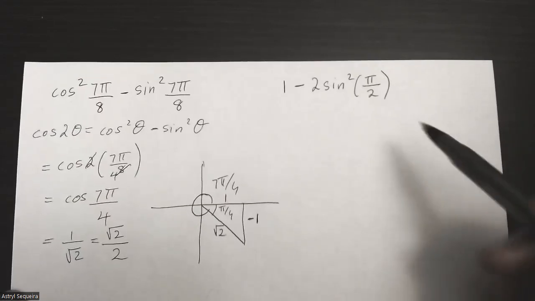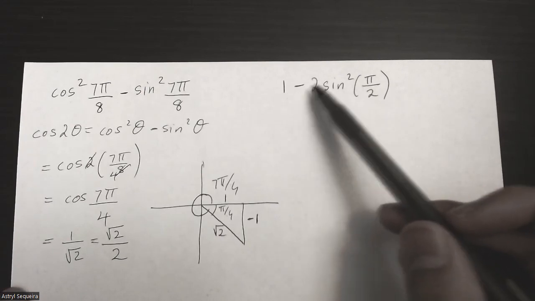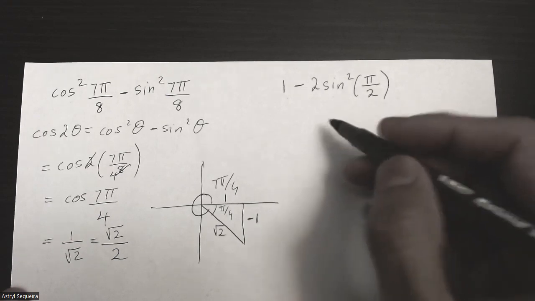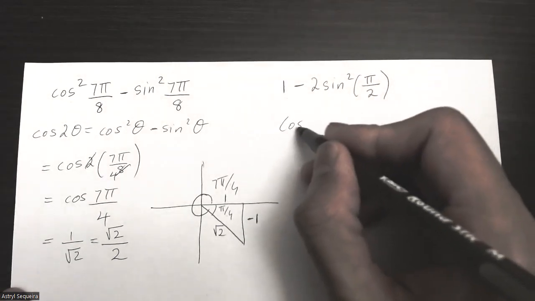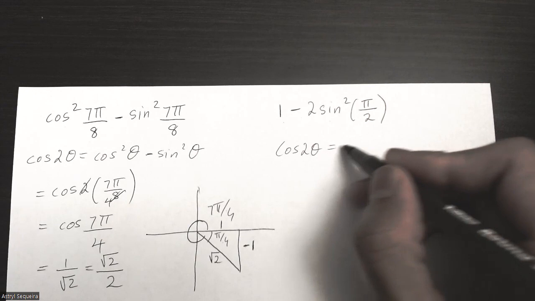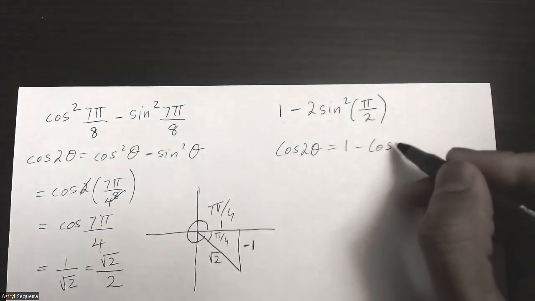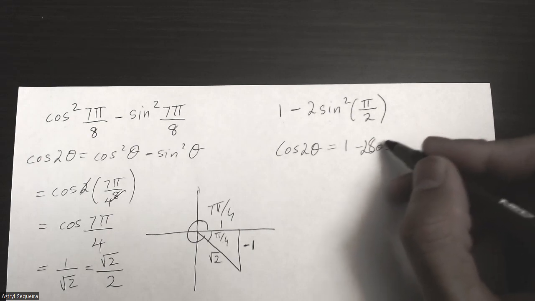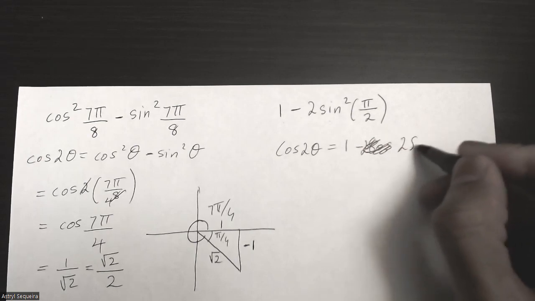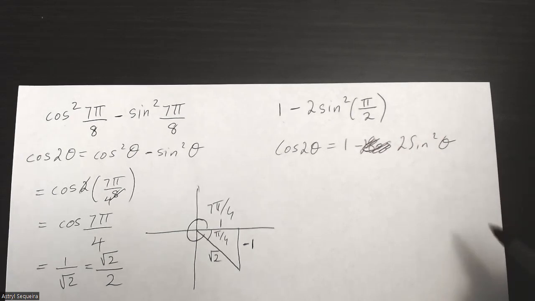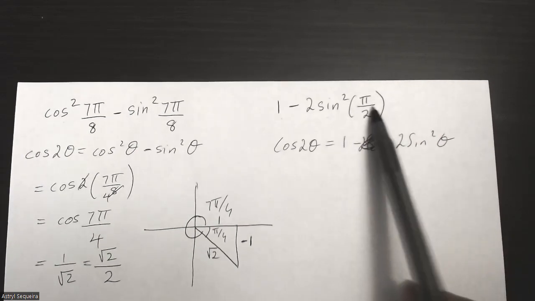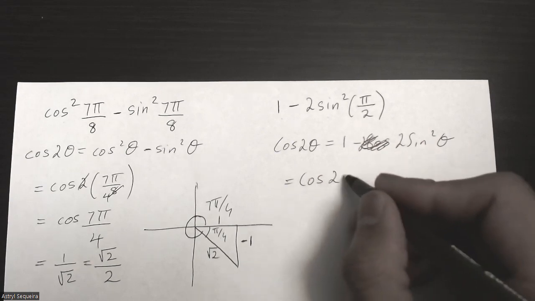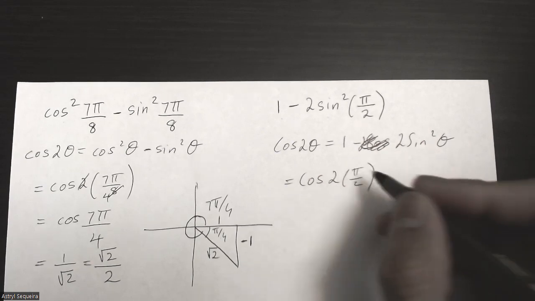And let's go to this fourth and final question here. I have 1 minus 2 sine squared pi over 2 for this one. So again, this is a formula for cos 2 theta, which is just 1 minus 2 sine squared theta. I don't know why I wrote cos, it's 2 sine squared theta. So again, I'm just multiplying this angle by 2 to turn it into cos of 2 times pi over 2.